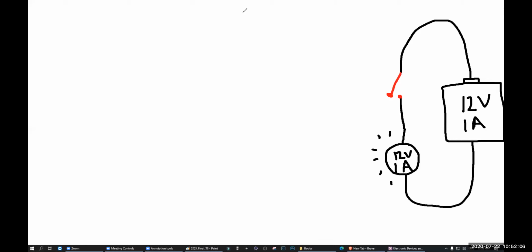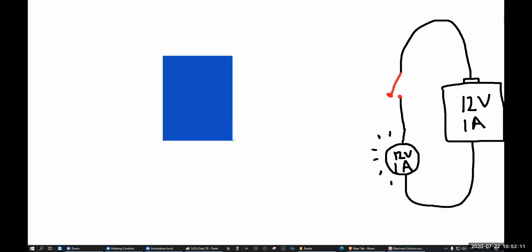So let's draw a microcontroller. This is a microcontroller, let's say. Now, you need a Bluetooth for your mobile phone connection.